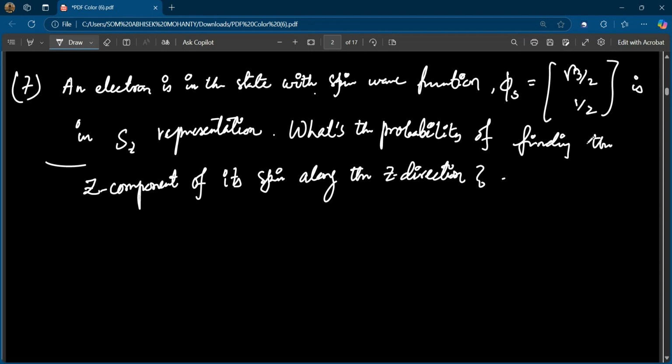What is the probability of finding the Z component of its spin along the Z direction?